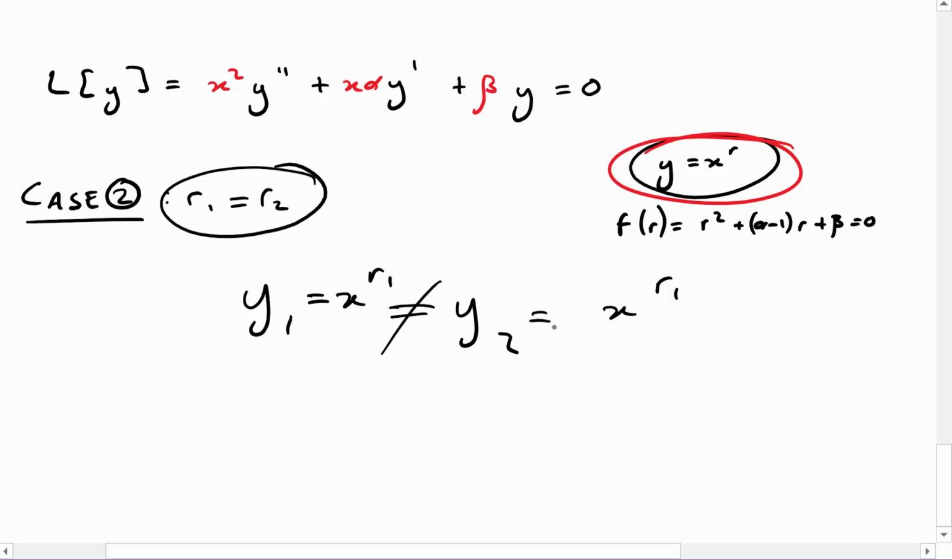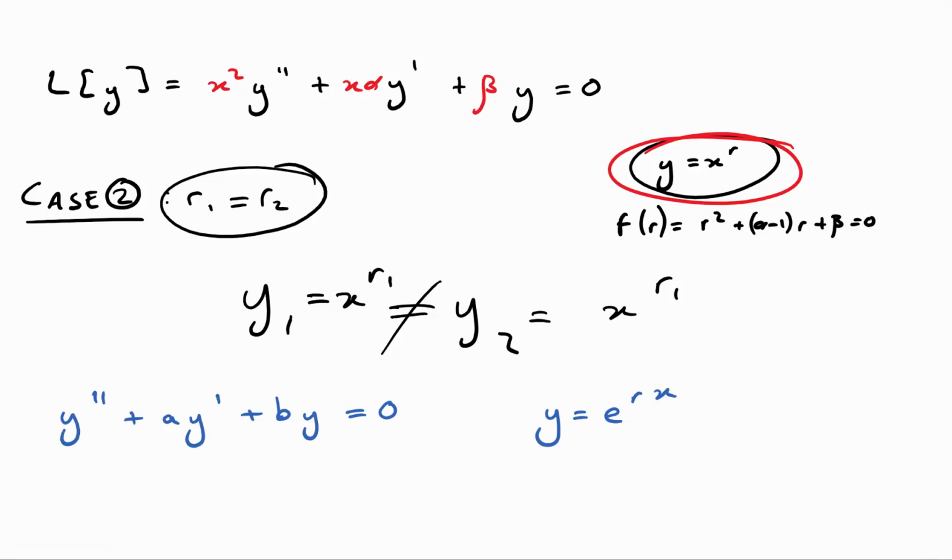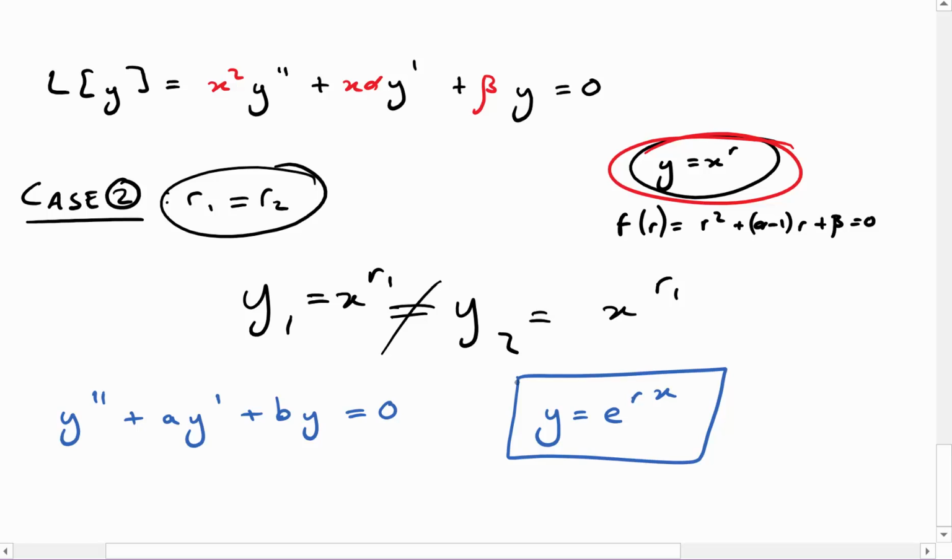The way I do that, if you remember, is from the case of an ordinary second order differential equation with constant coefficients, where we had something that looked like this and guessed a solution of the form y equals e to the power of rx.